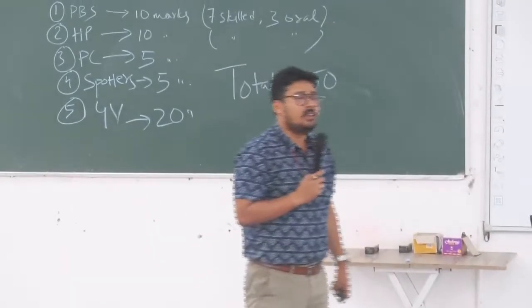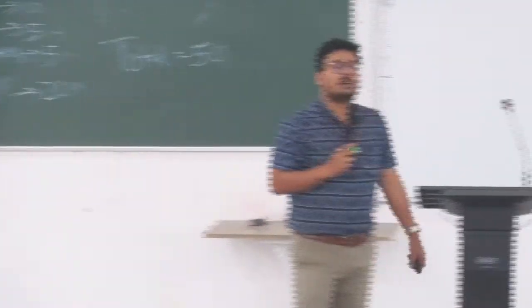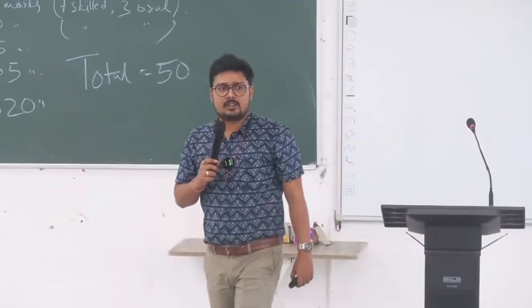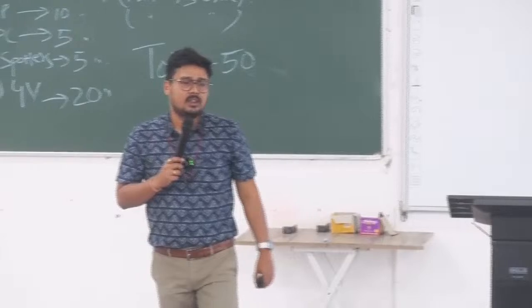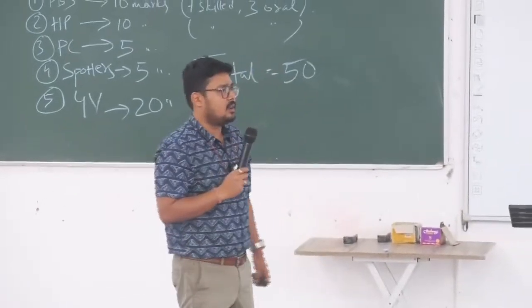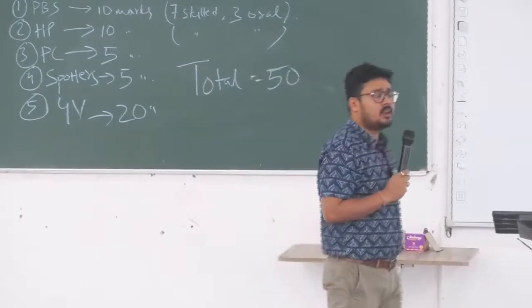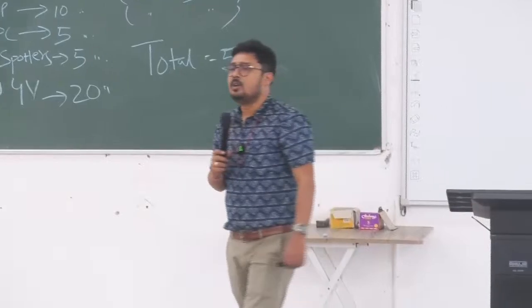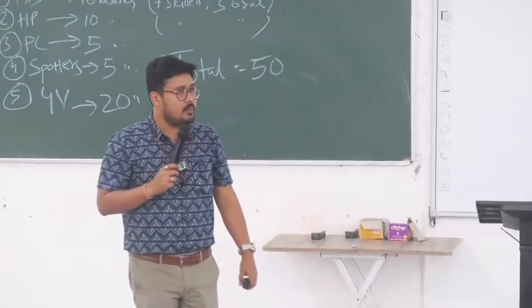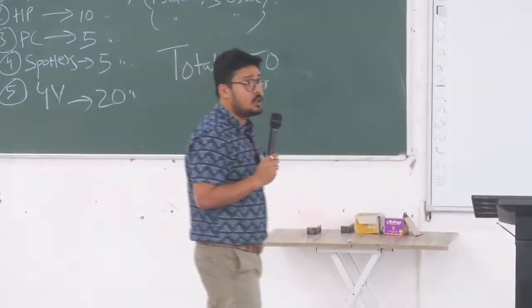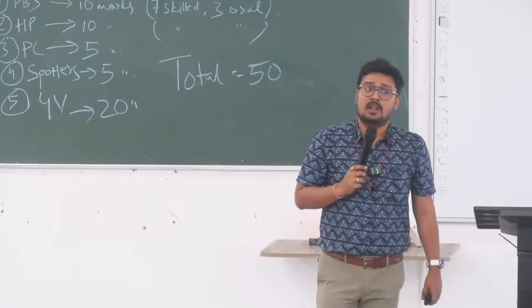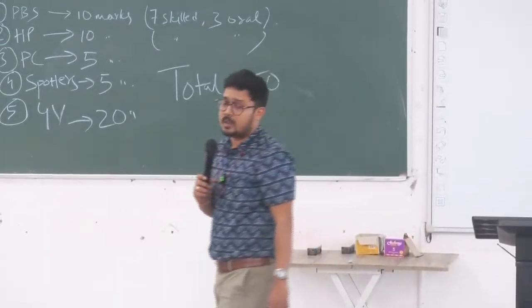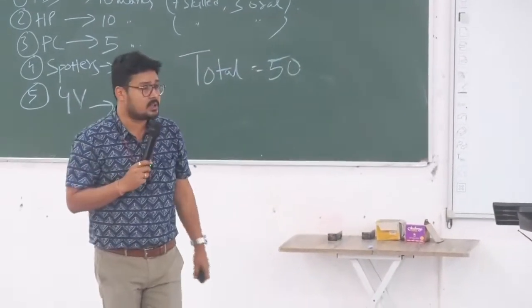Okay, and this is probably a revision topic. I have taught this in this batch previously, before the publication of supplementary examination results. So this is a very important topic and frequently asked in your internal assessment as well as the theory final examination.